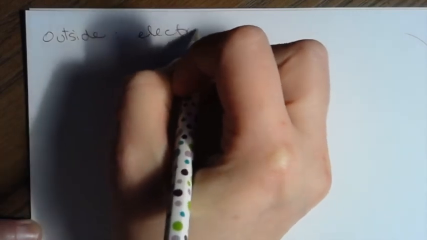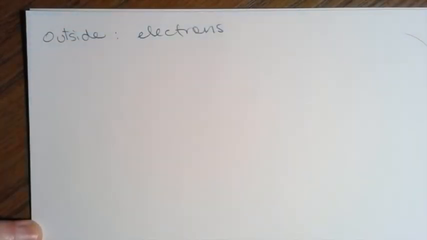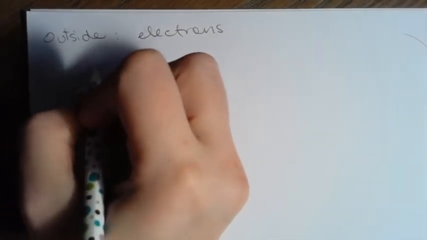so we're still on the outside. I'm just using a new piece of paper. Electrons. We figured out the number of circles on my previous page.